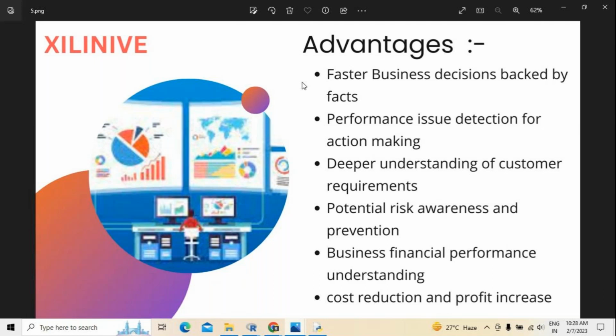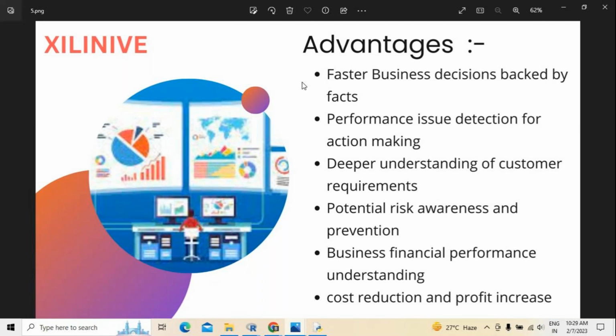Next, if you want to know about the potential risk involved, that is what we have to see. Potential risk should be known here as well.